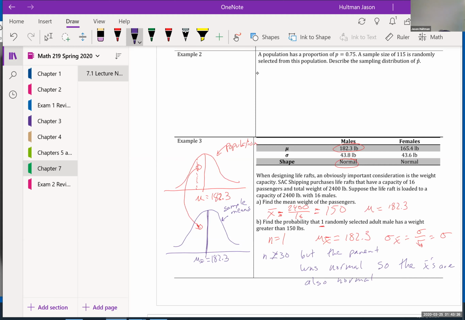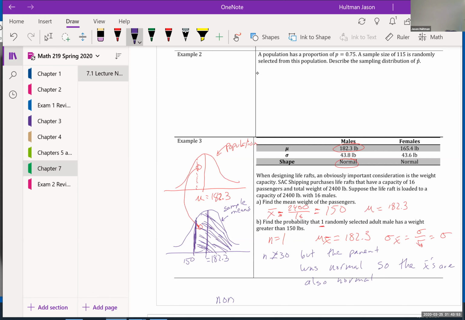So how do I find the probability of one person being greater than 150 pounds? Well, that's the total area under the normal distribution. And how did we find the total area under the normal distribution?